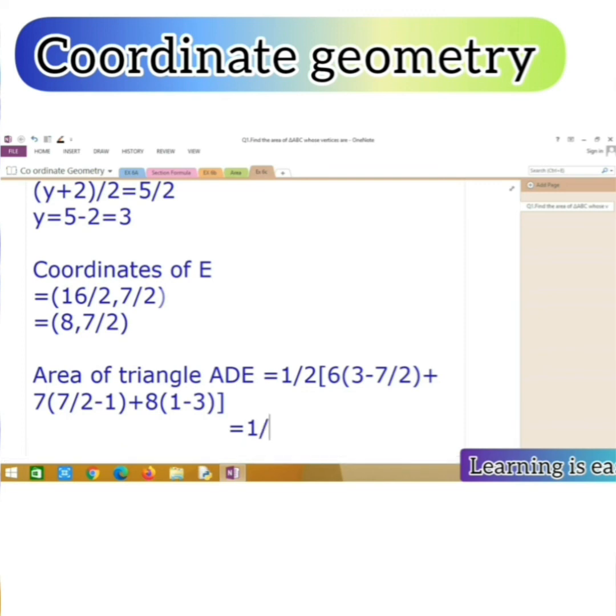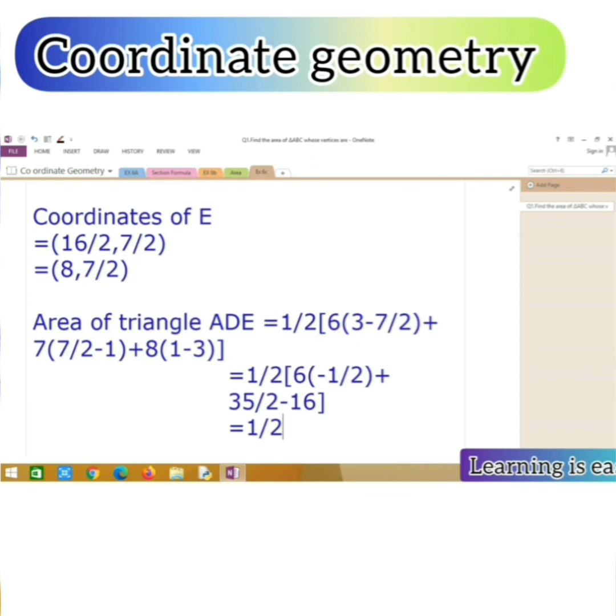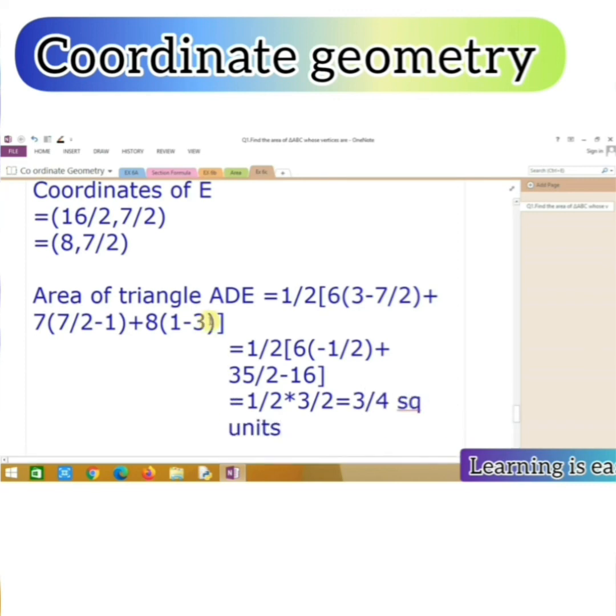By taking the LCM, half into 6 into (6 minus 7), that's minus 1 by 2, plus 7 into (7 minus 2), that's 5 by 2. So 7 into 5 by 2 is 35 by 2 plus minus 16. Further simplifying, it becomes half into 3 by 2, that's going to be 3 by 4 square units. That's the area of the triangle ADE.